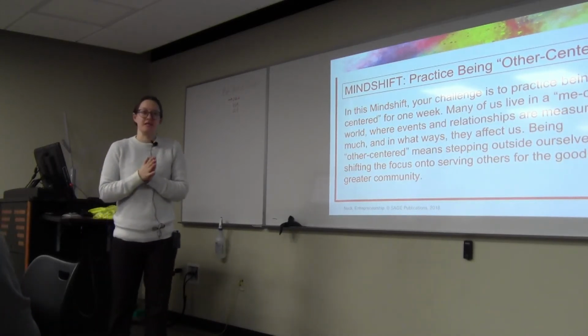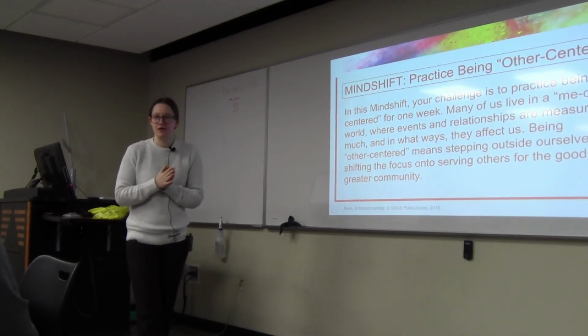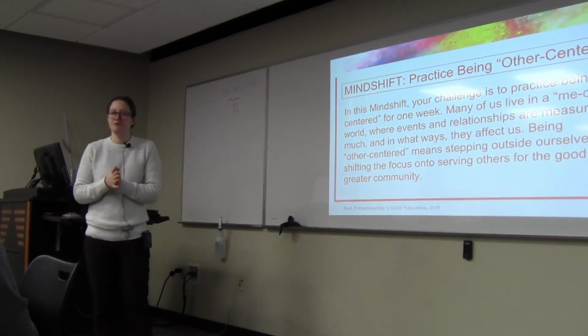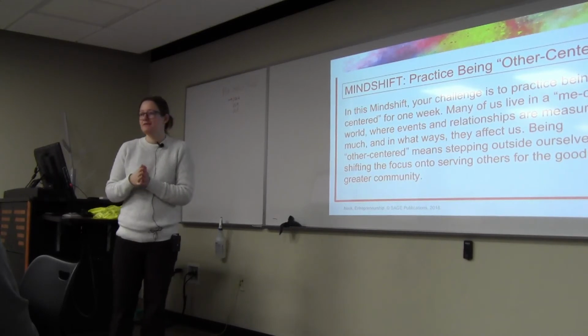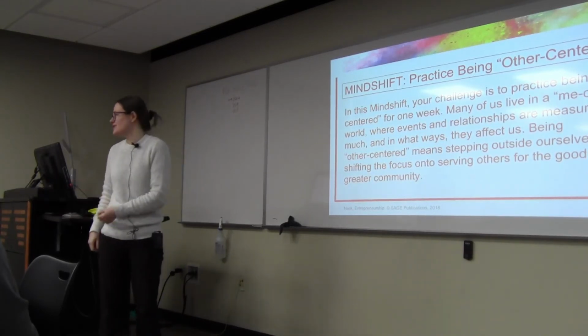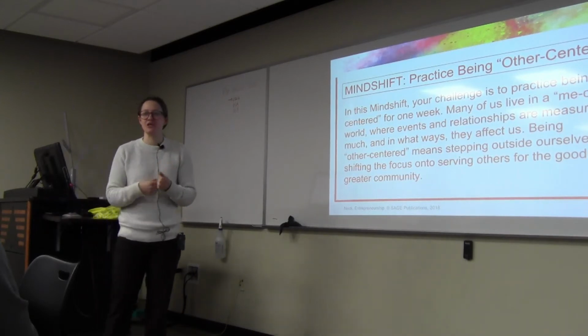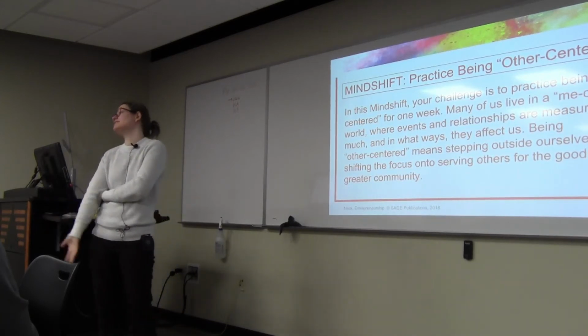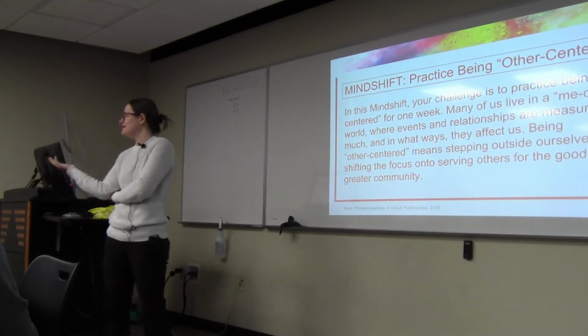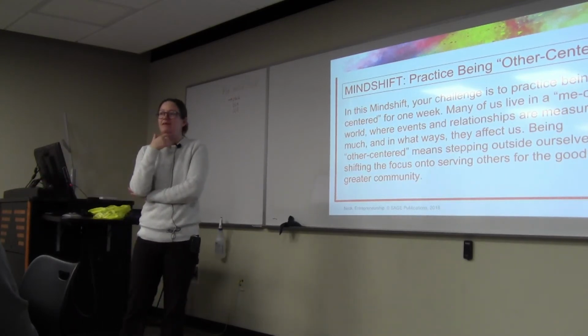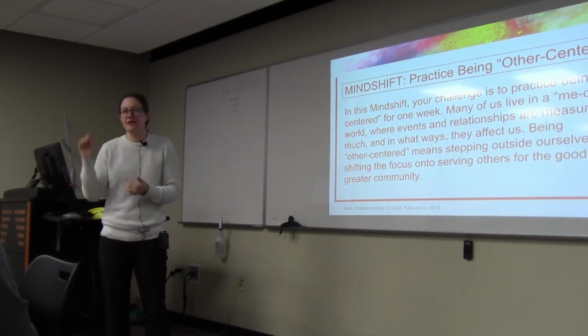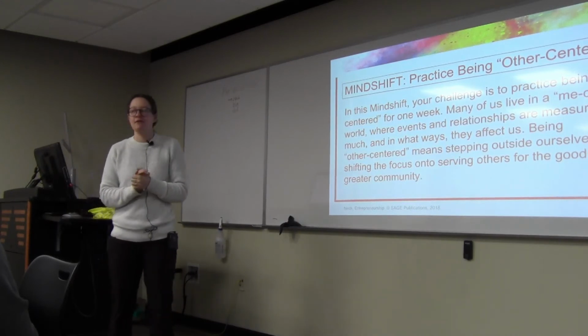So let's say you're standing in line at the grocery store and somebody in front of you decides they're going to pay in cash and coins, right? So now they're digging into their pocket, trying to find exact change, and you're just sitting there like, oh, I just want to get out of this store and go home and make my food and eat dinner, right? So that's very me-centered, like hurry up, come on, get through the line.